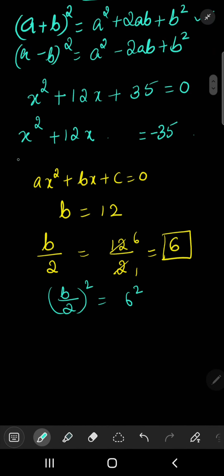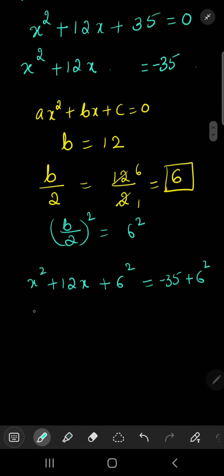So x square plus 12x plus 6 square is equal to minus 35 plus 6 square. Correct? Now x square plus 12x plus 36 is equal to minus 35 plus 36.